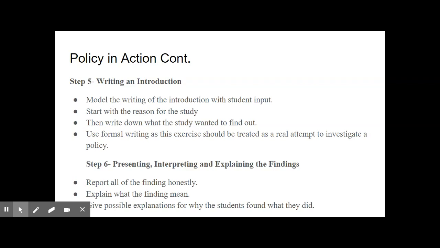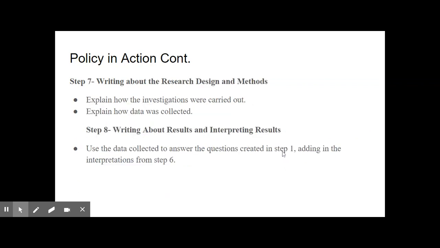You're going to explain why these things happen, stuff like that. In the book, they found that 95% of students said that the students believe other students put gum under the desk to avoid the ban, but only 8% said they themselves do it. So you have to explain why there's this discrepancy, you think. And you give possible explanations for why the students found what they did, and that ties into explaining the findings.